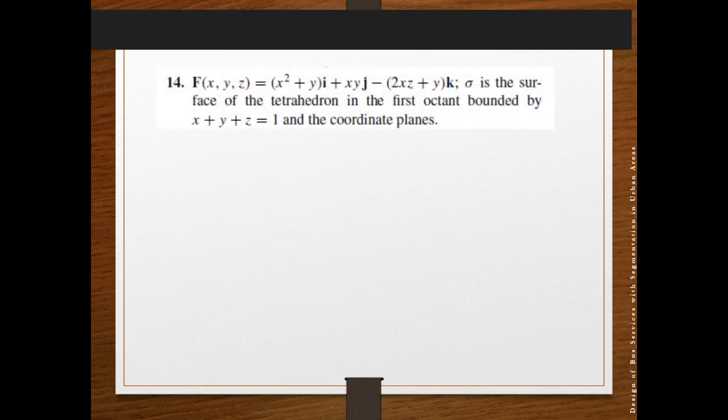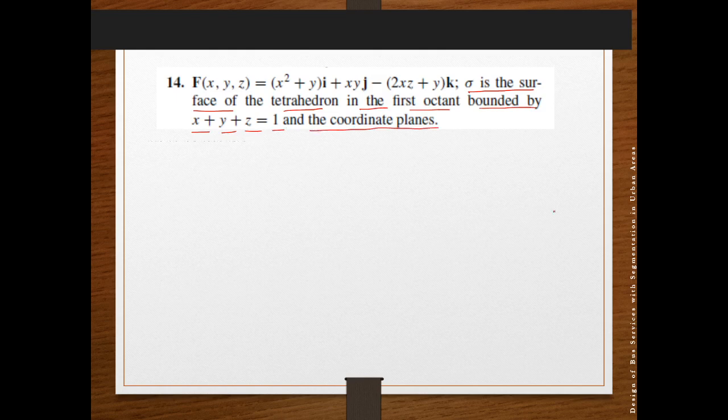By using the divergence theorem, we have to calculate the flux of F = x square plus y i plus xy j minus 2xz plus y k, where sigma is the surface of a tetrahedron in the first octant bounded by x plus y plus z equal to 1 and the coordinate planes.